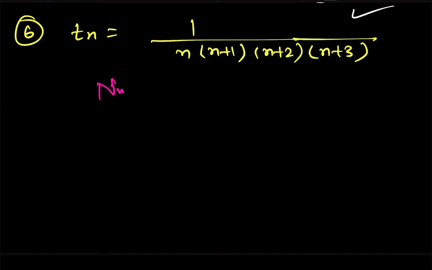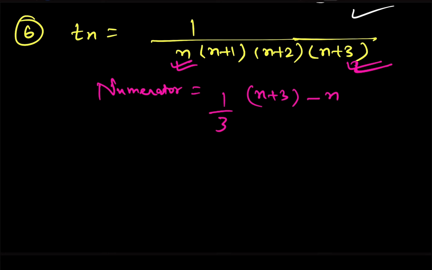What you have to do in such questions is, in the numerator, subtract the first factor from the last factor, n plus 3 minus n, and divide by 3. And keep the denominator the same.